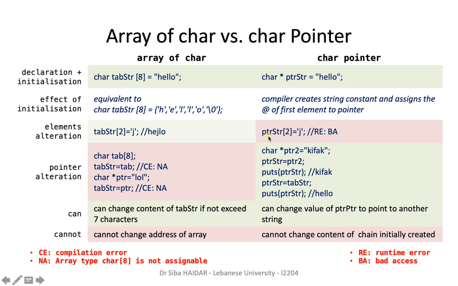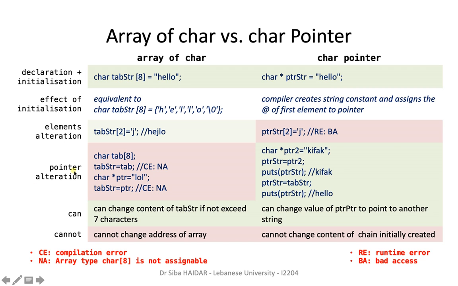We cannot say ptr of str of 2 equal j. Even if we write this in pointer syntax, it will not work. This will lead to a runtime error, not a compilation error. We will see in a few seconds, because this will lead to a bad access. You cannot access those cells, you cannot alter them.